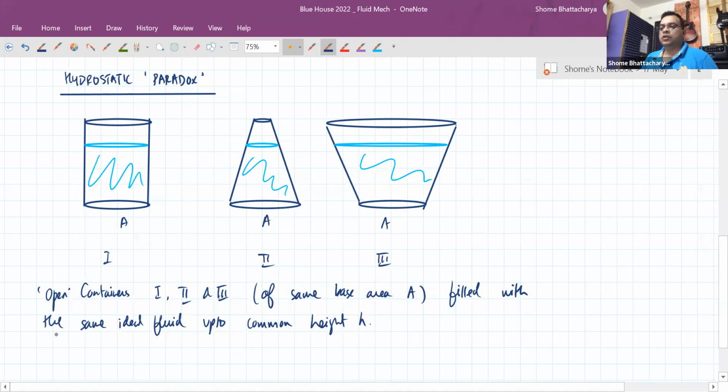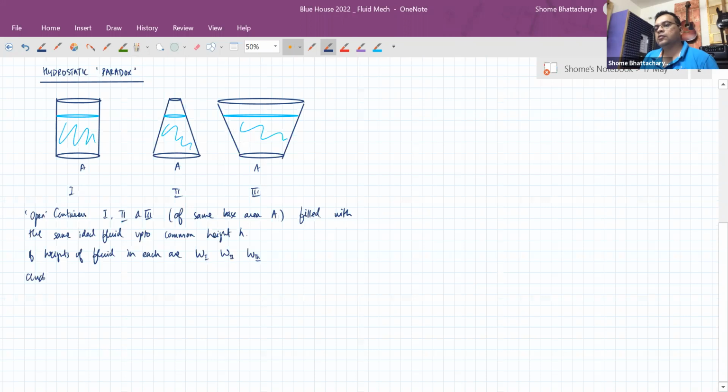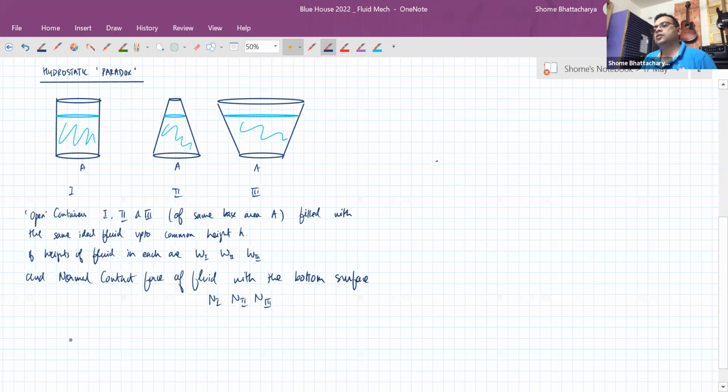Now, if the weights of fluid in each are given by W1, W2, and W3, and the normal contact force of the fluid with the bottom surface is N1, N2, and N3, then which of these are correct?